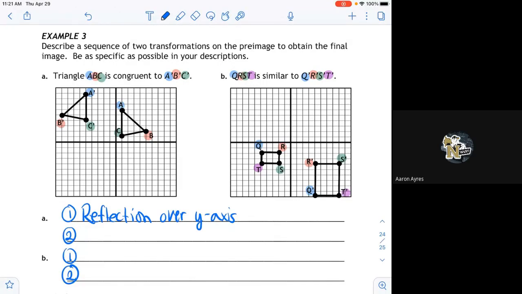Okay, all right. Then what was the other transformation then? Maren, do you have it? There's a translation. That's okay. Do you know how much? 4 to the left, I take it? Okay.